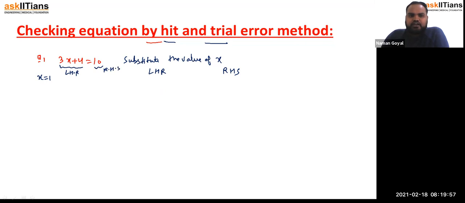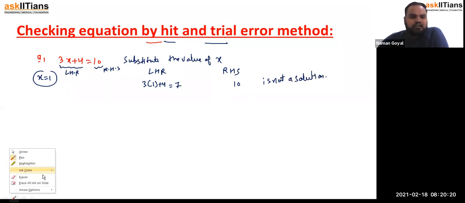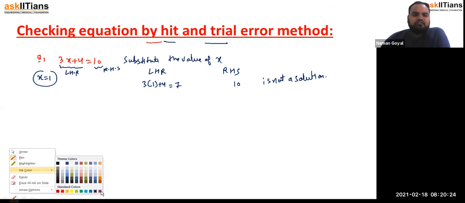The LHS is 3 into 1 plus 4, so it will be 3 plus 4, 7, and RHS is 10. So LHS is 7 and RHS is 10, so x is equal to 1 is not a solution. When we get the same value in LHS as well as RHS, then we can say that it is the solution.